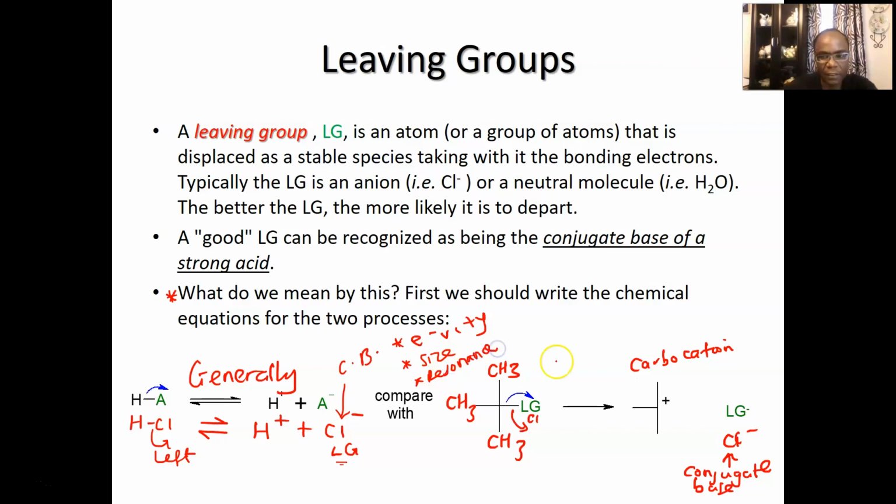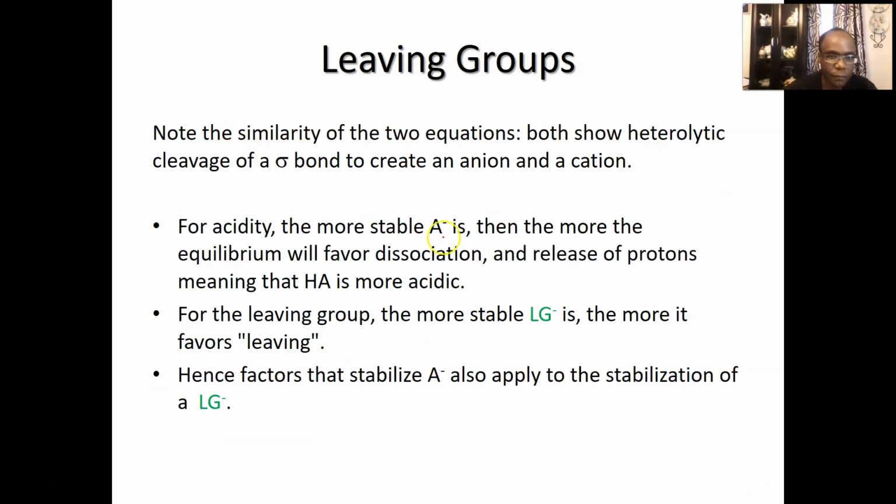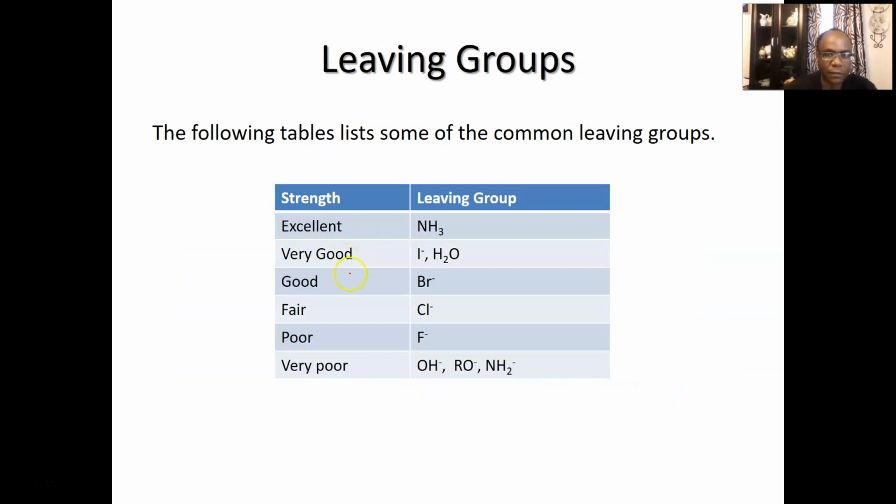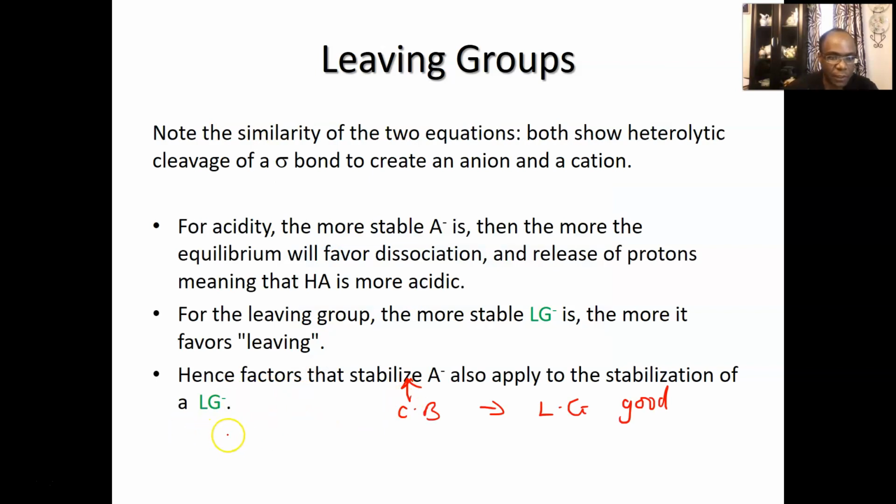So let's look at these factors. The factors that stabilize the conjugate base will make the leaving group a good leaving group. So for example, if I'm to compare F minus and I minus, who's a good leaving group? Let's say we had this and we had that.